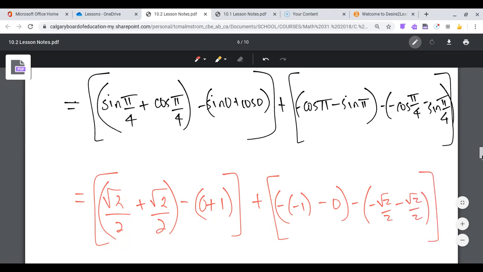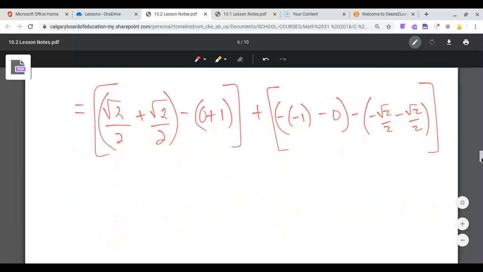And let's tidy this up to find our answer. Root 2 on 2 plus root 2 on 2 is 2 root 2 on 2. Subtract 1. That's the first one. And then what happens over here? A negative and a negative makes a positive 1. Subtract, what do we have inside here?